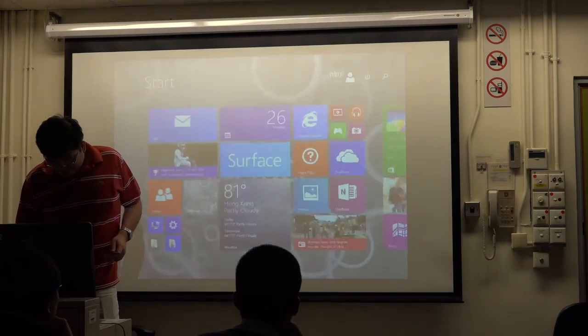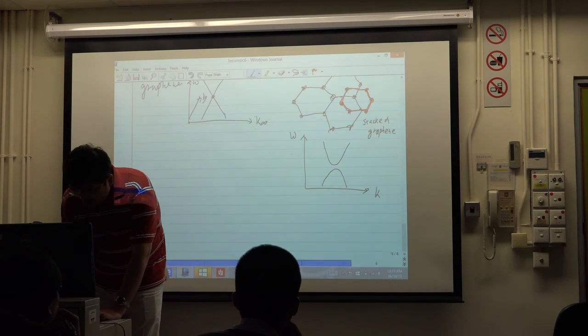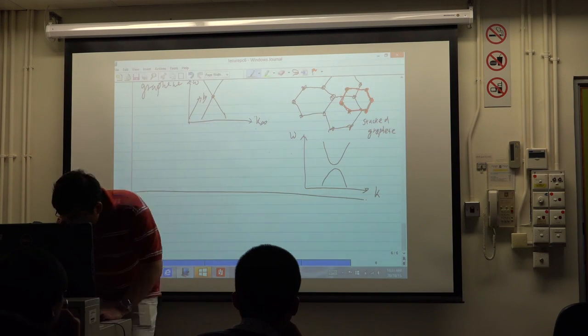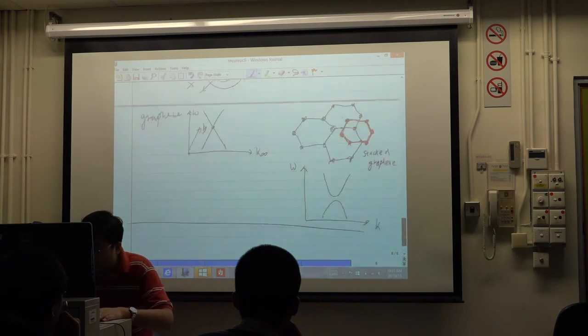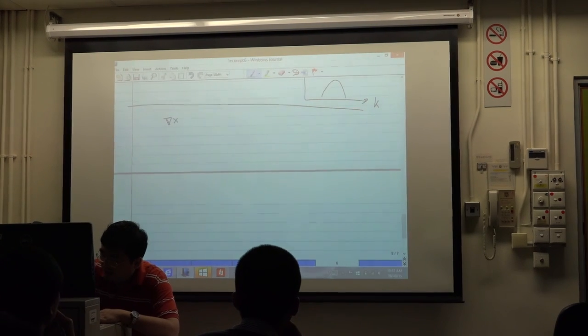Okay. Everyone. I have drawn this many times. I draw this band diagram, right? I said if you have this, right, this is the Helmholtz equation.